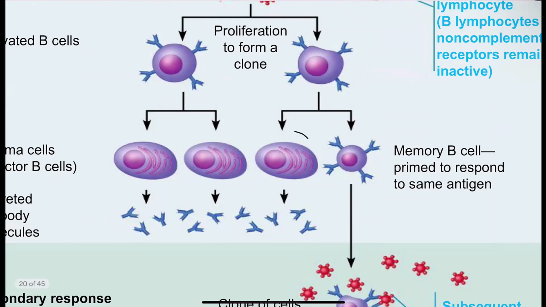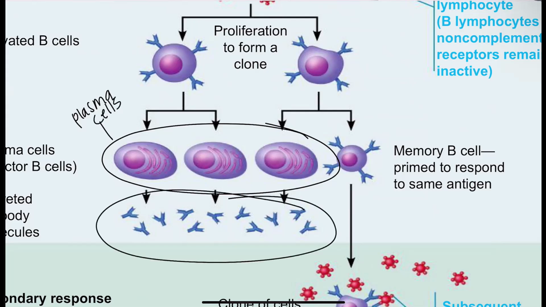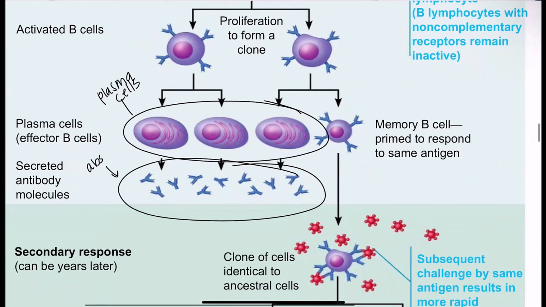So these are plasma cells, and remember that plasma cells make antibodies. And remember that antibodies have this characteristic Y shape. The memory cells, though, just kind of hang out and remember. And we'll come back to that in just a minute.